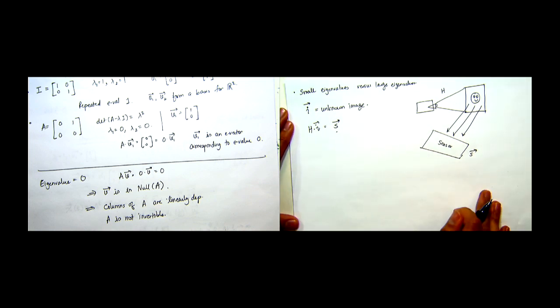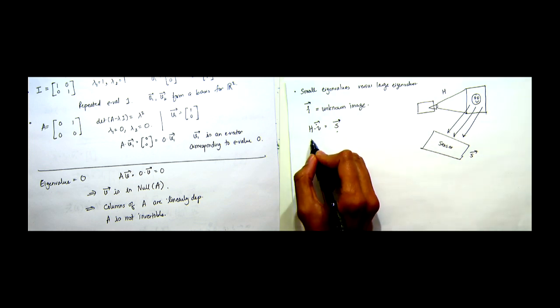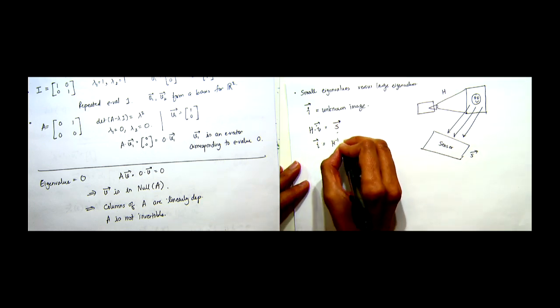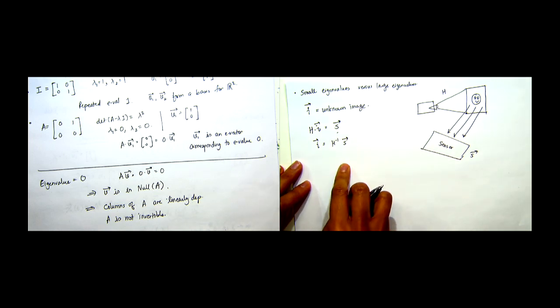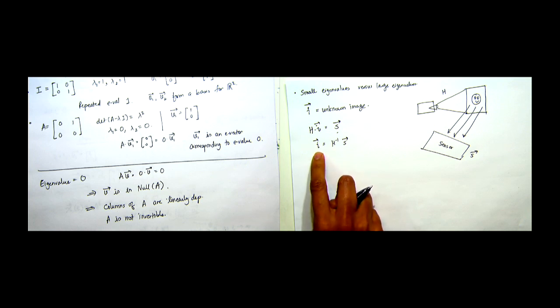Everyone remember this? But then, if H is an invertible matrix, what should I be able to do? I should be able to then write I is equal to H inverse times S, right? And since H is invertible, I should get back exactly I from S.